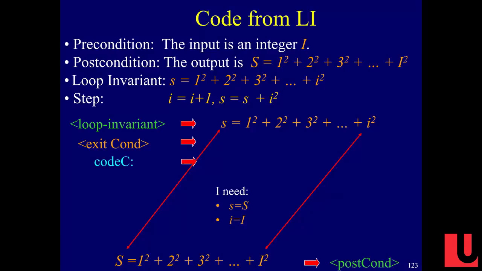I need I to be I, and I need S to be S, and I wrote that down, because I wasn't thinking code yet. I was thinking math. Then at some point I noticed I put it the wrong way, and I thought, that's perfect, because later we're going to be converting from math to code, and I want to feel that we're doing something. So when we're doing something, we're switching them.